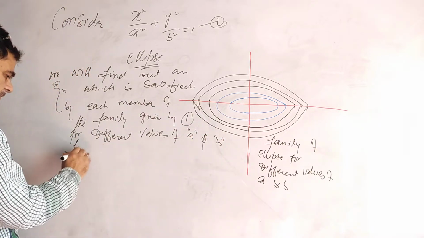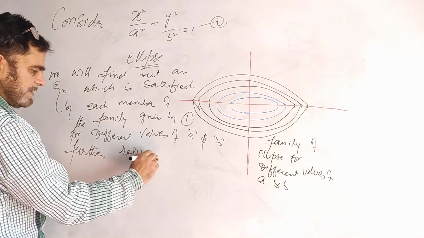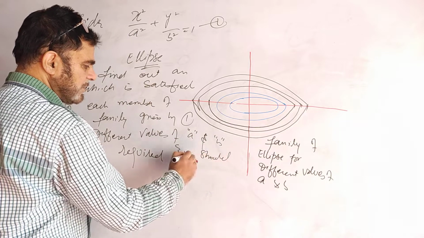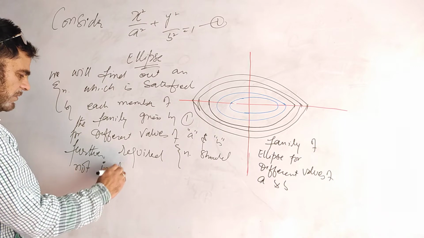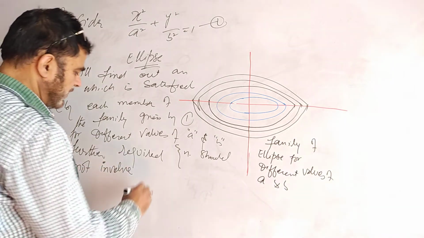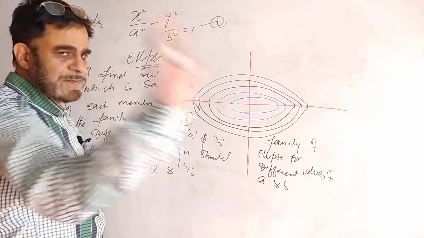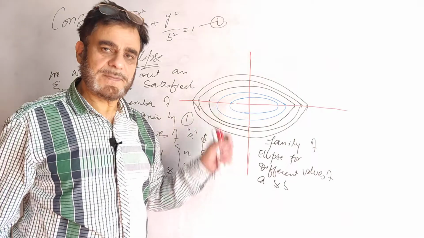The required equation that I need should not involve a and b. It should be free from a and b, because a and b are different for different members of the family.